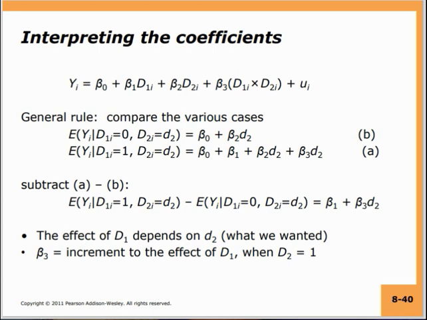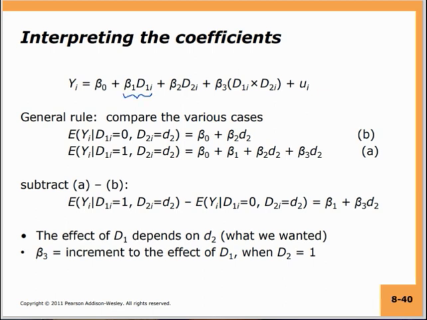So when d1i equals 0, the term with d1i disappears, and the interaction term also disappears. Then the expected value of yi given d1i equals 0 is nothing but beta 0 plus beta 2 d2. So only these two terms remain.